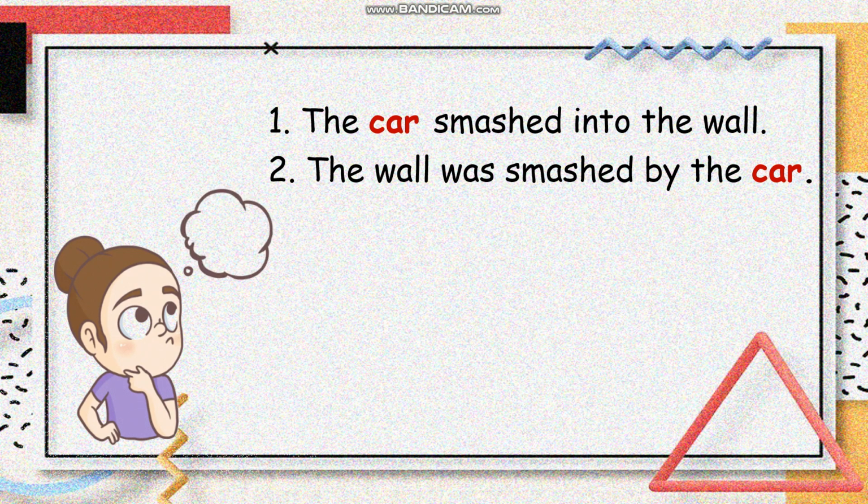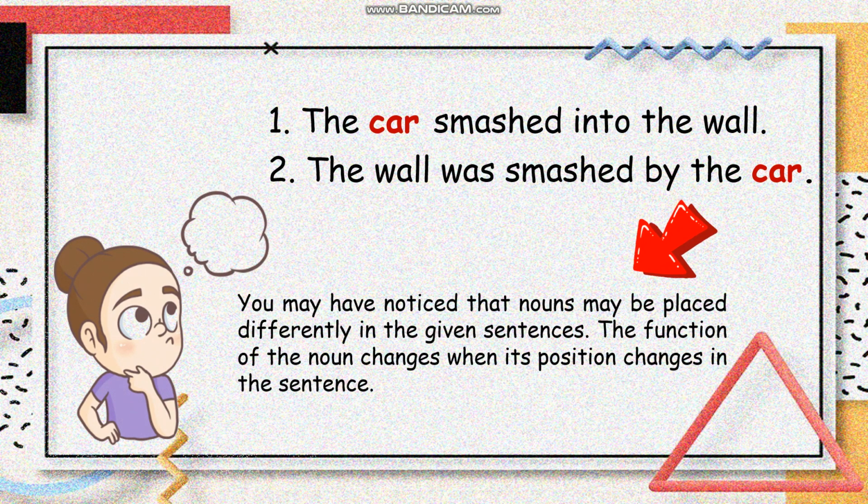Now, if we try to analyze this, you may have noticed that nouns may be placed differently in the given sentences. The function of the noun changes when its position changes in the sentence. That's correct. Always remember, the function of the noun changes when its position changes in the sentence. It doesn't matter if they have the same noun but different in their position.